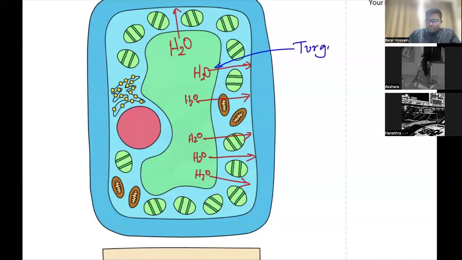It gives the young plant the ability to stand straight, with the leaves facing towards the sunlight. Remember that plants need turgor pressure in order to stand straight; they need to be rigid. The water pressure they exert on their cell wall by pushing it outward temporarily is known as turgor pressure.